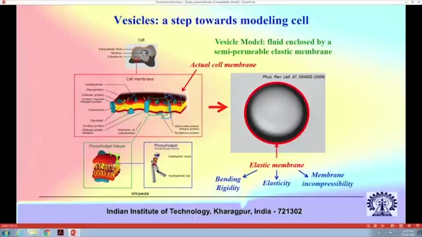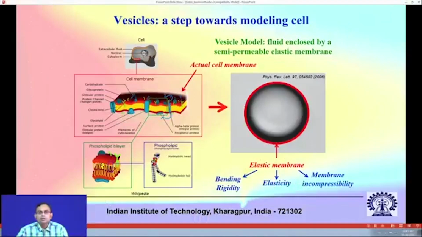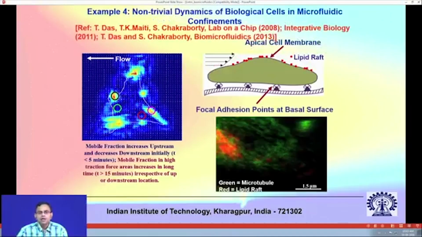So, this is a big research question. Of course, a lot of research activities are going on towards understanding the dynamics of cells, and in the next slide I will bring in an example to show how biomicrofluidics can try to solve outstanding research problems in understanding the behavior of cells.